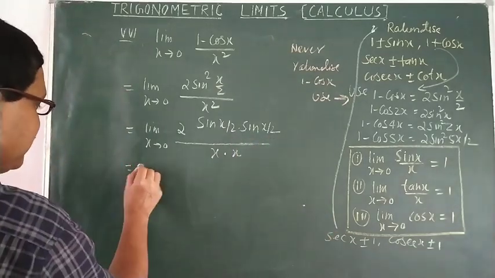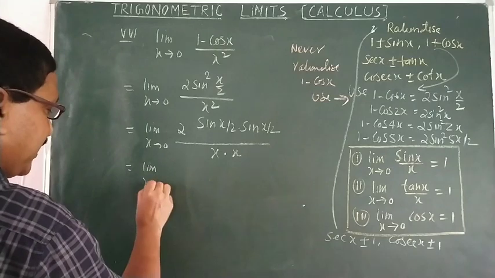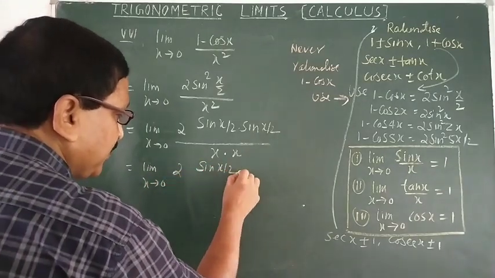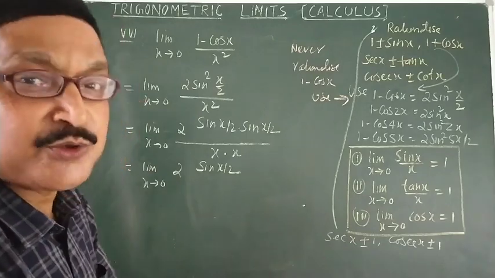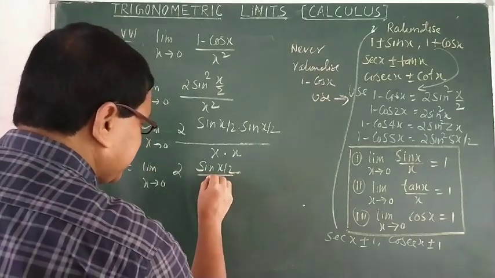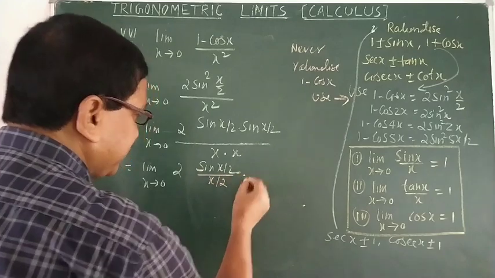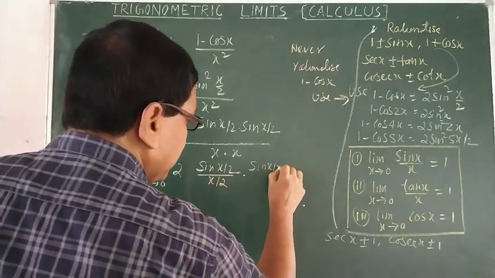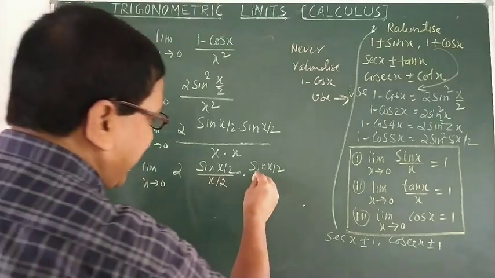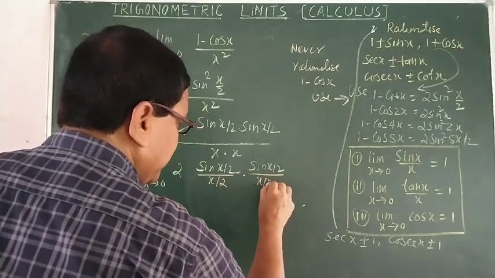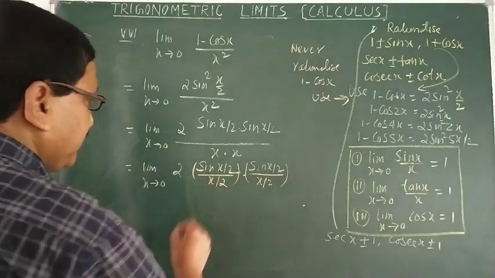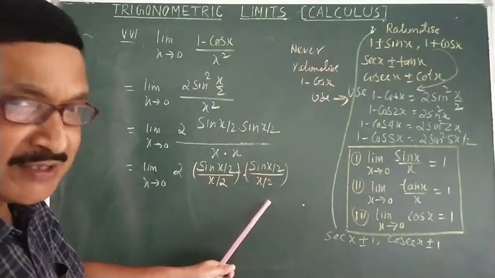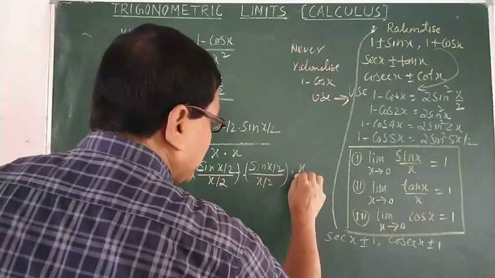Now sin x by 2 needs x by 2 in the denominator, so write x by 2. Again, one more sin x by 2 needs one more x by 2 in the denominator to make it 1. So write x by 2 twice.